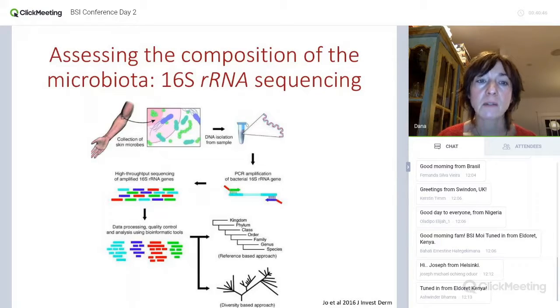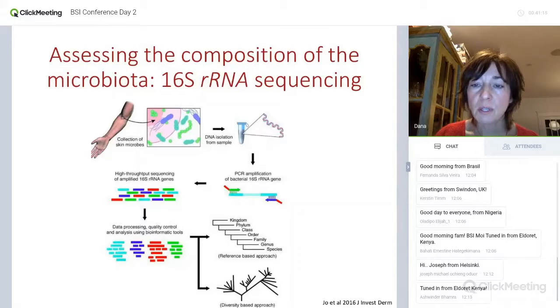By sequencing those variable regions, we can put those organisms into different classifications. Using 16S, we can usually go down as low as families, and sometimes up to genus, but it depends on whether the databases that are out there have this kind of information in them.